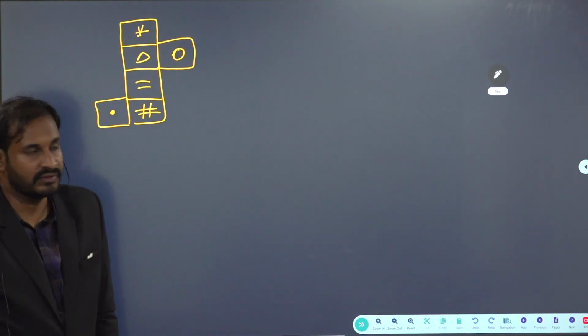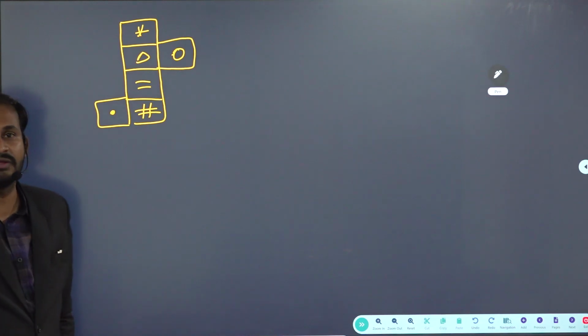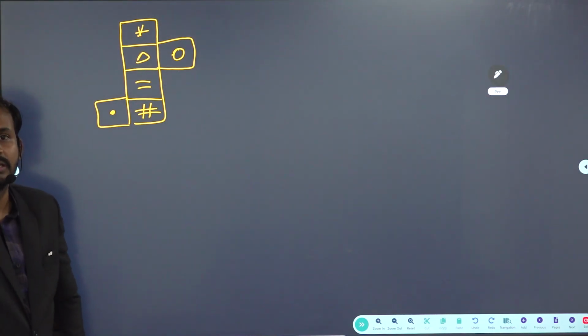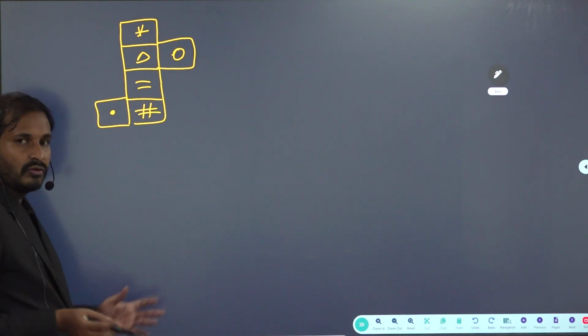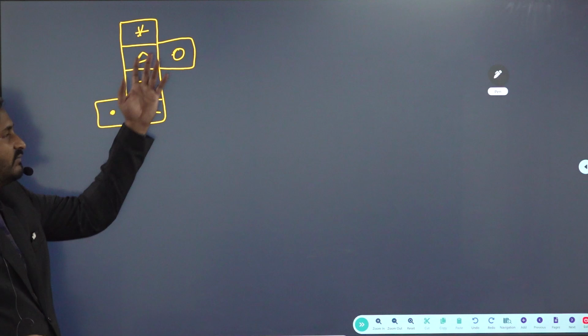From this figure, if an open dice figure is like this, they will ask which of the following projections will be seen when we close this dice, or else which of the following projections, when you open it, will look like this.